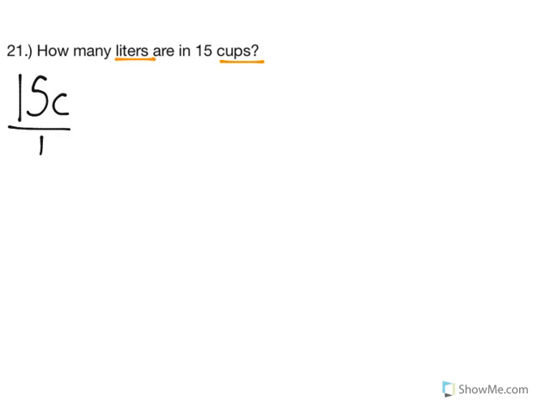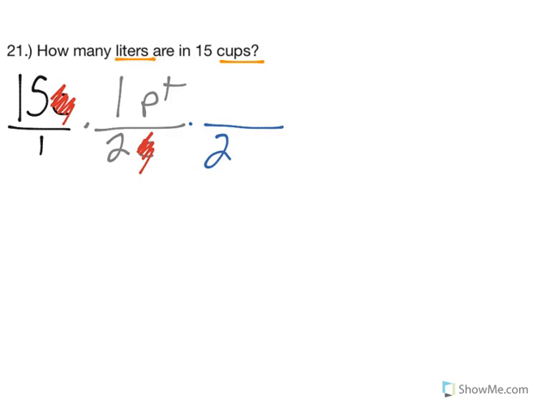So you've got to go up to the section on your page 91 that shows you that cups can be changed to pints. So 2 cups is 1 pint. And now my cups go away. Well, pints doesn't help me because pints doesn't go to liters. Well, baby steps. You can't run before you crawl. So I know that 2 pints are 1 quart.